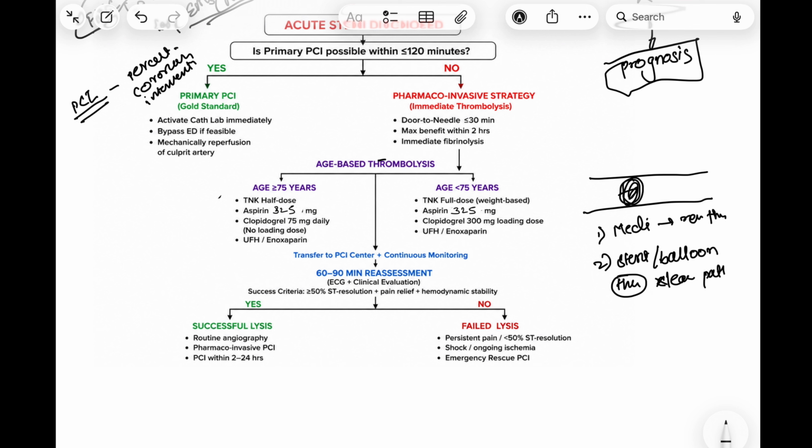Now, which is more efficient? The mechanical one is more efficient than the medical one, right? So percutaneous coronary intervention is a procedure in which we insert a wire into the affected vessel and try to clear that area. It is the gold standard procedure to treat STEMI, right?